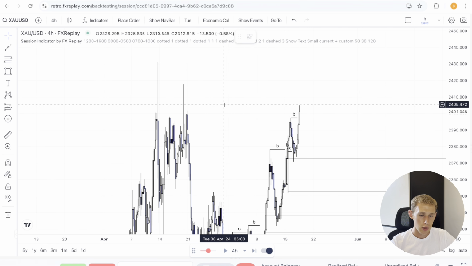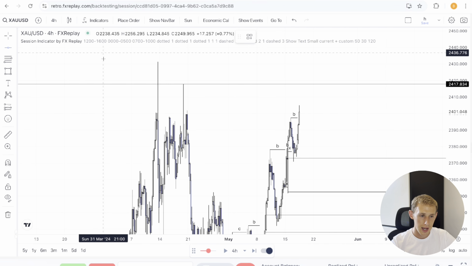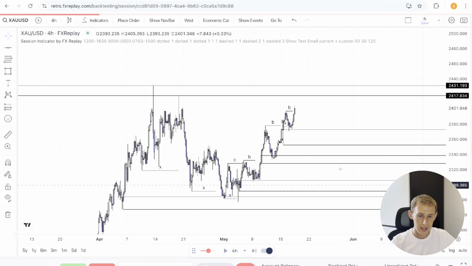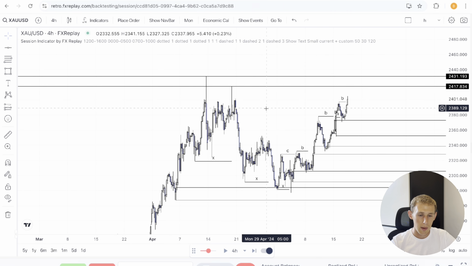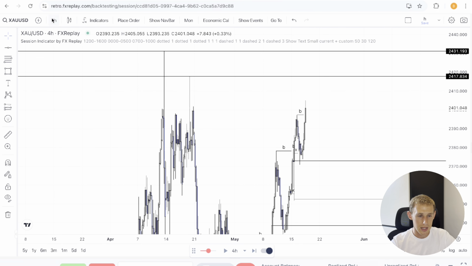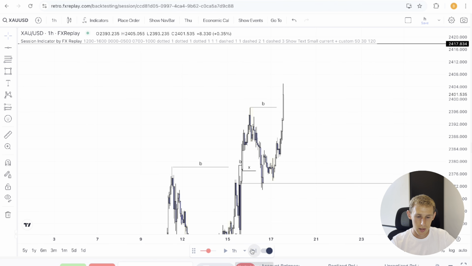Let me zoom out because we are approaching the all-time high. We've got this high and this high, which are two key liquidity points. I wouldn't look to sell from these areas because price is still very bullish, but they are areas to be aware of and mindful of because price could definitely react from them, as they are higher time frame liquidity points.